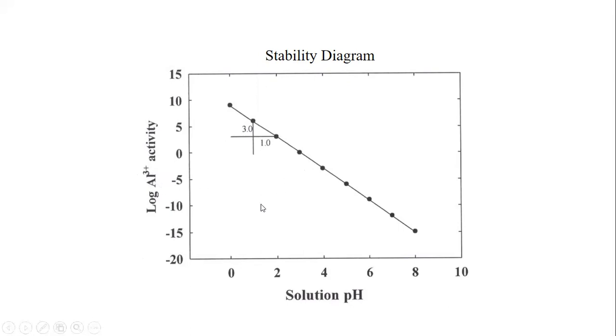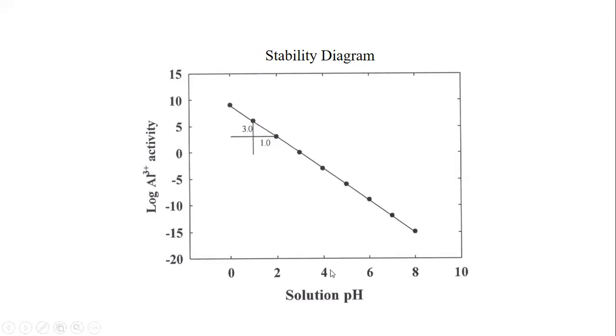In your book, suppose we know that there are 4, 5, 6 possible compounds that could control the concentration of aluminum in solution. You do this type of diagram for each one of them and draw them on the same diagram, so you have so many lines. In your textbook there is an example, but I want to show you the idea.